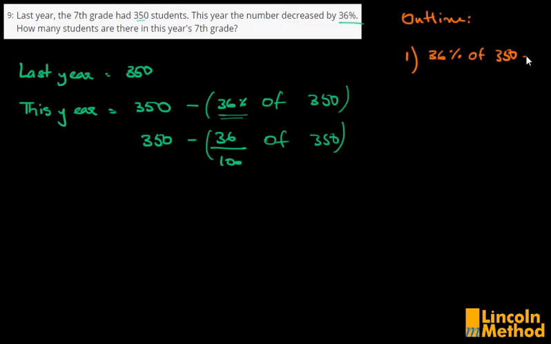And let's just assume that since we don't know what this really is, this equals x for now. The second step therefore is going to be 350 minus x, and that is going to give us our answer. That is it. All it is going to take is 2 simple steps.